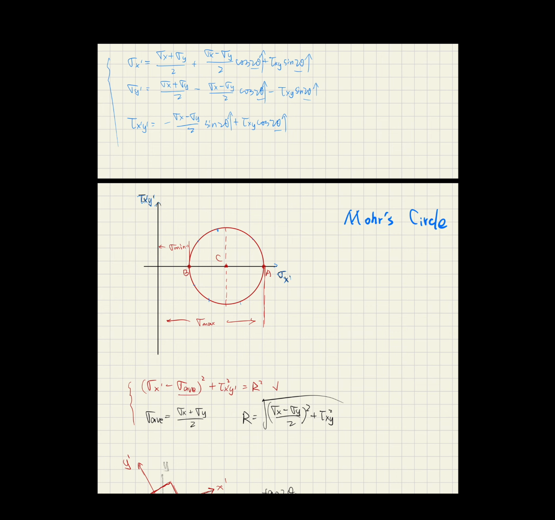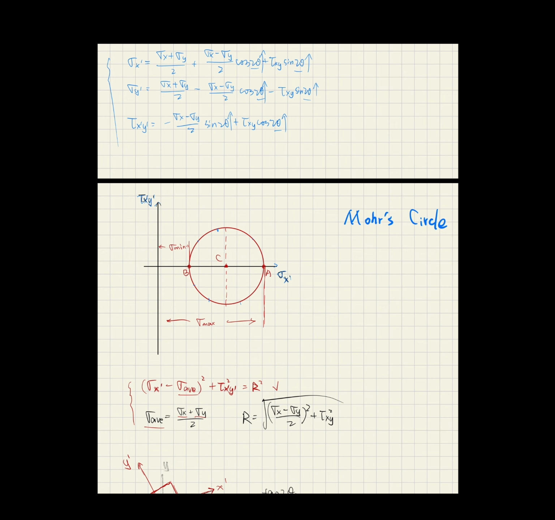The average point is the center of the circle, and this is the x, this is the so-called y, and this is the radius. So that is a typical circle equation. And of course, the average value, which is the center of the circle, can be calculated by sigma x plus sigma y over 2.